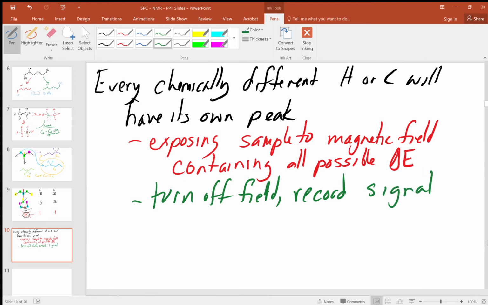Now, at this point, we don't have all that usable data. What do we have at this point? Well, at this point, we have something that's known as an FID.